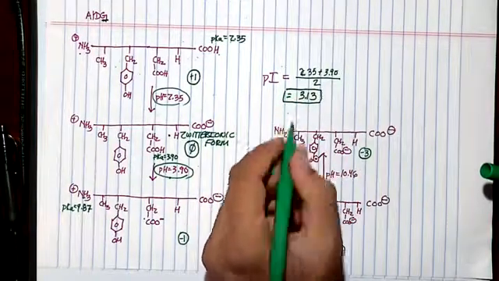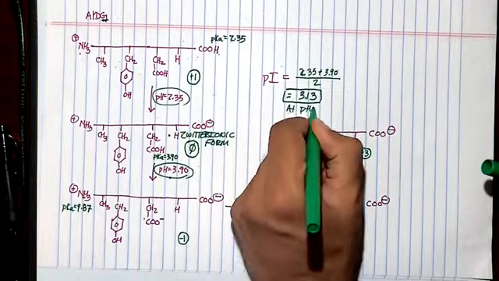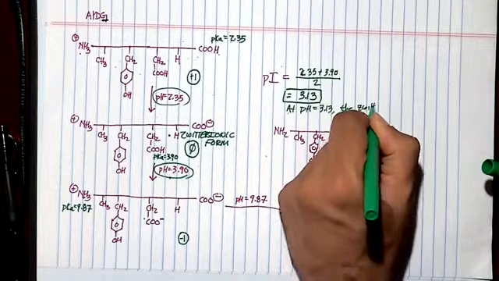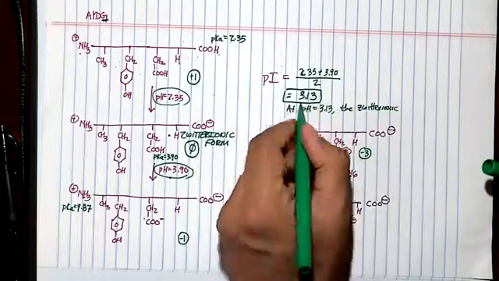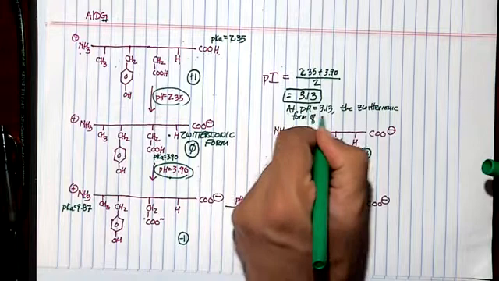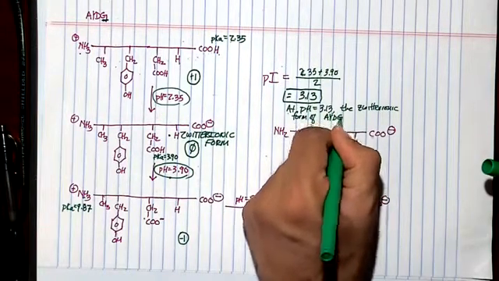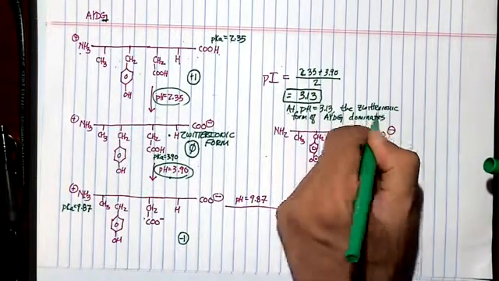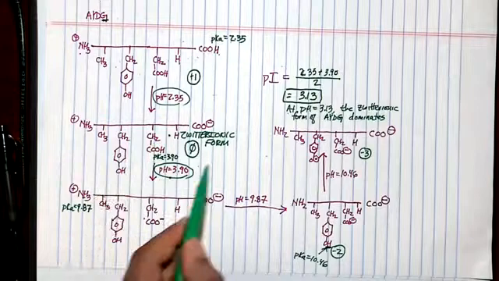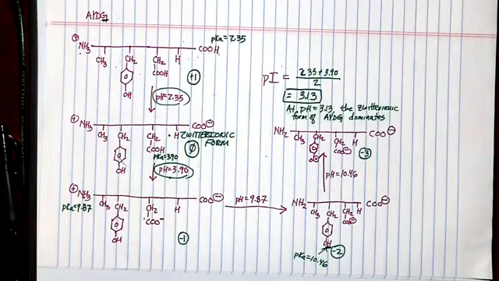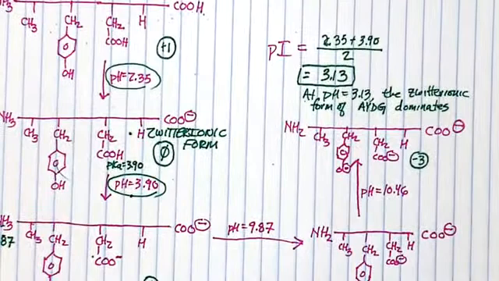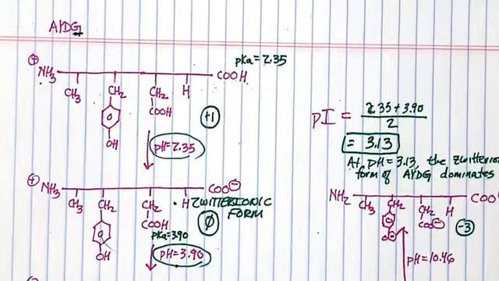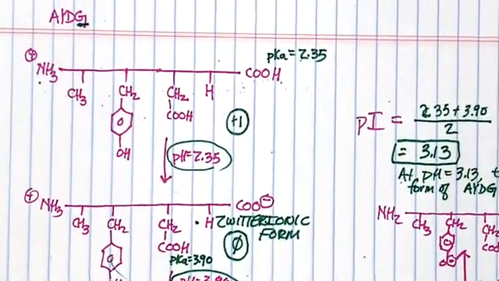So at a pH of 3.13, the Zwitter ionic form of this tetrapeptide dominates. Okay, so that population begins to dominate at a pH of 3.13.